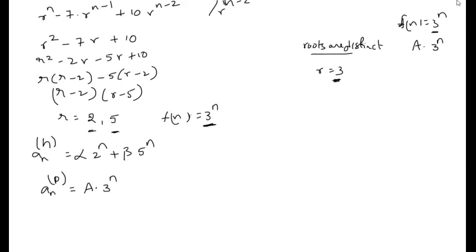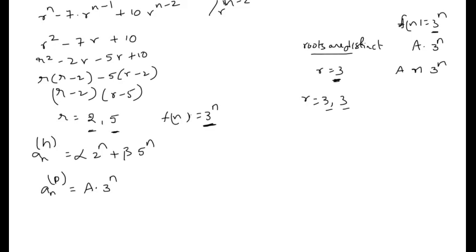Then the particular solution is A times n times 3^n. Suppose the root is 3, 3. There are two roots, both are 3, and the function f(n) is 3^n.